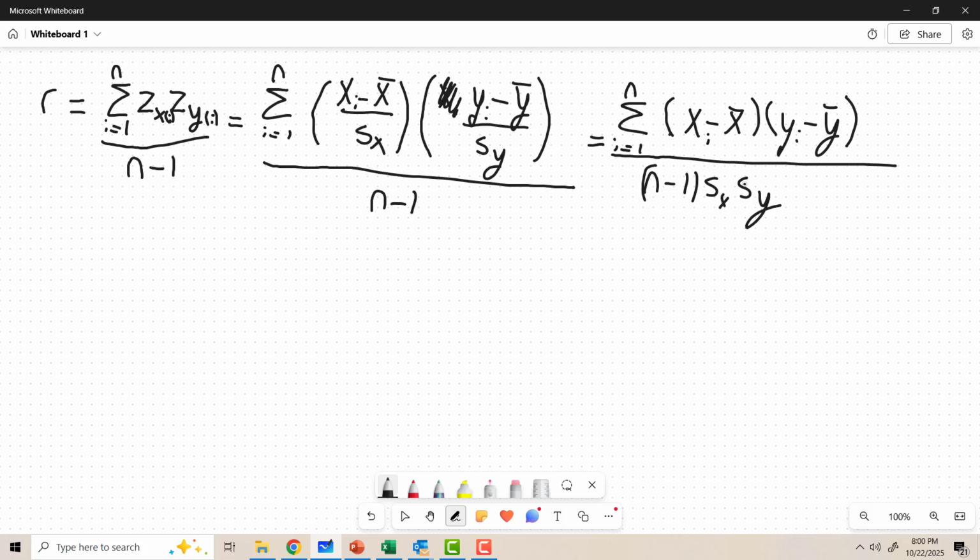And remember, this is what we proved before. We actually had this formula here, and then I wrote out the two standard deviations and put it in that sum of squares formulation. So equals as before. This is the definition for the correlation.